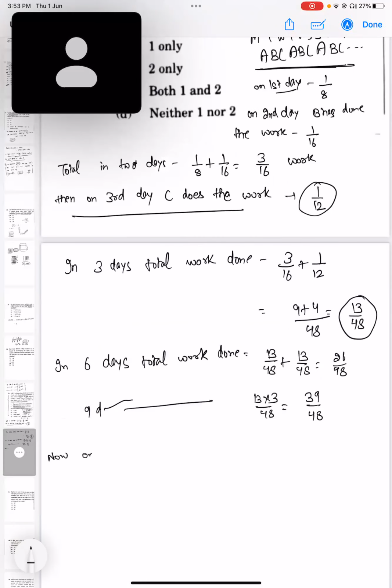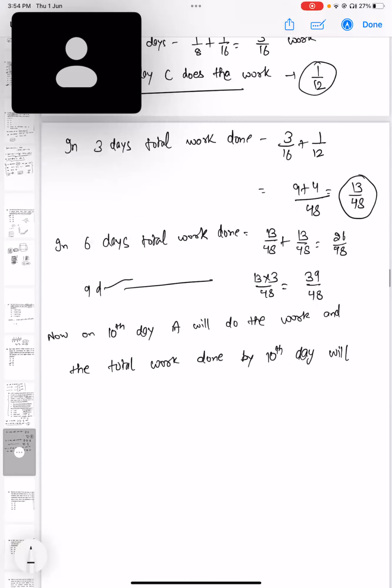Now on the 10th day, A will do the work, and the total work done by the 10th day will be: already 39 upon 48 work was done, and in one day A does 1 by 8 work, which is nothing but 6 by 48 of the work.